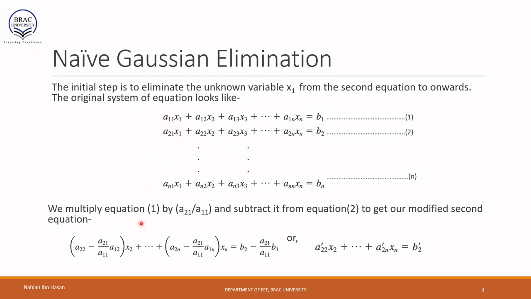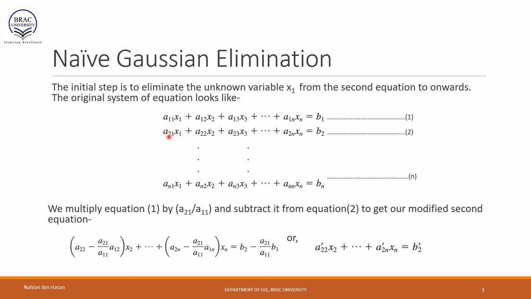We multiply equation 1 by a21 divided by a11. If we multiply the whole equation 1 by this value, a21 by a11, we will see that the a11 in the denominator and the a11 in the equation will cancel out, and we will have only the term a21 remaining.